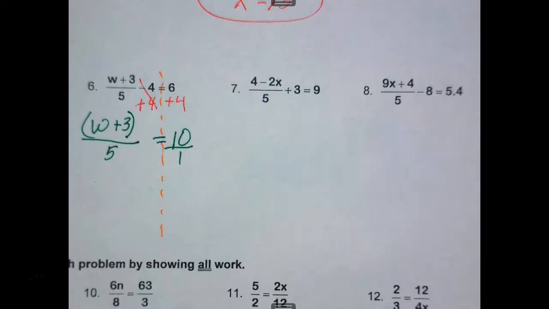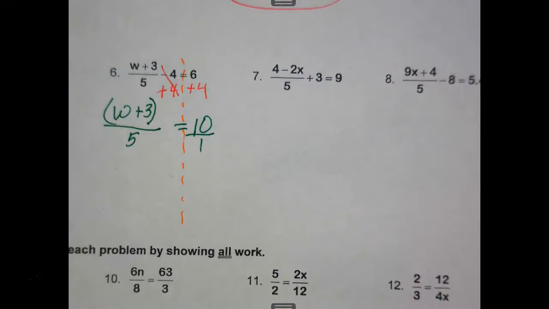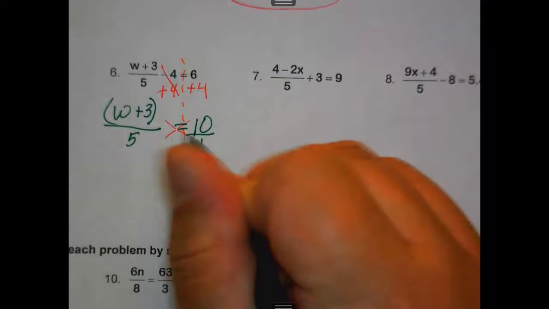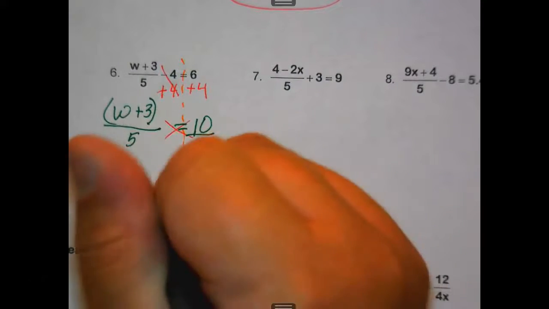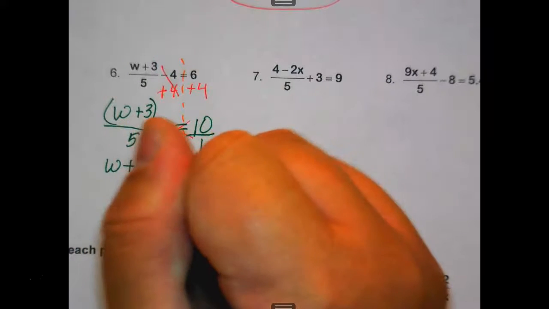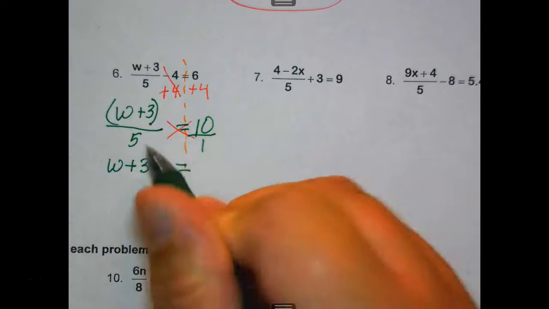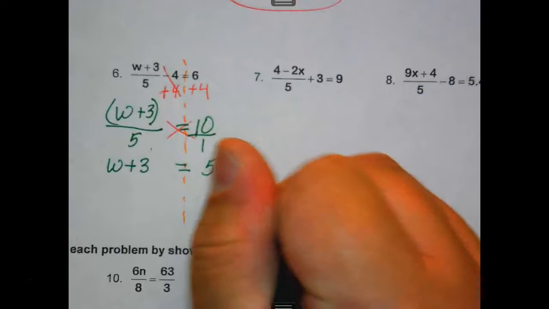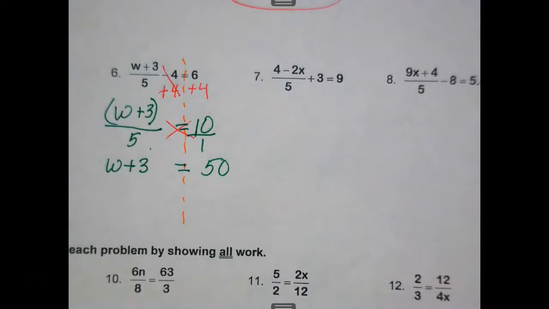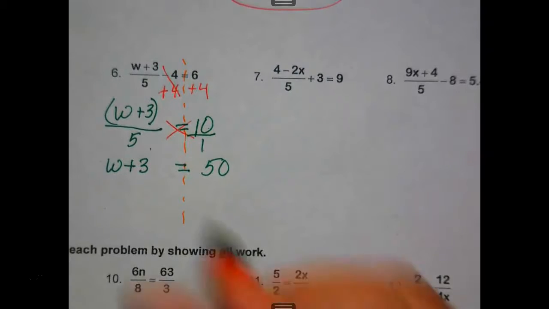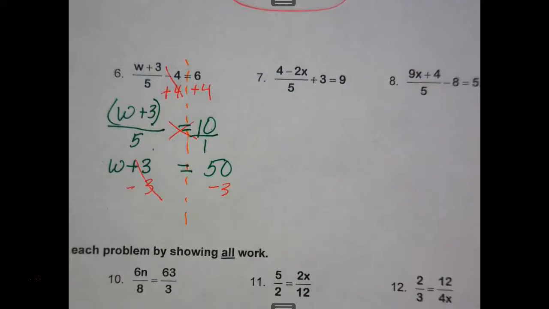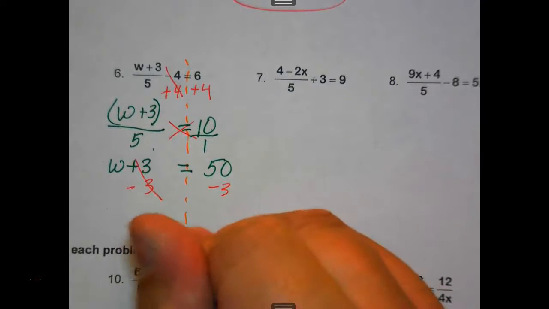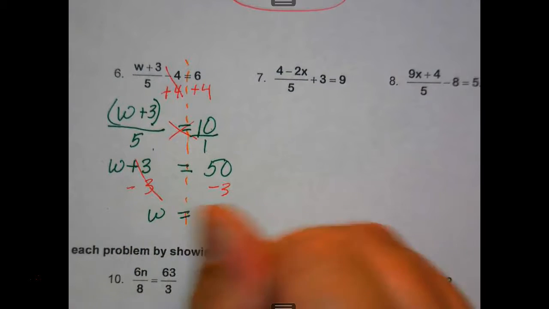I'm going to put that over 1. Cross multiply. 1 times w plus 3 is just w plus 3. And 5 times 10 is 50. Subtract 3 from both sides. And w equals 3.